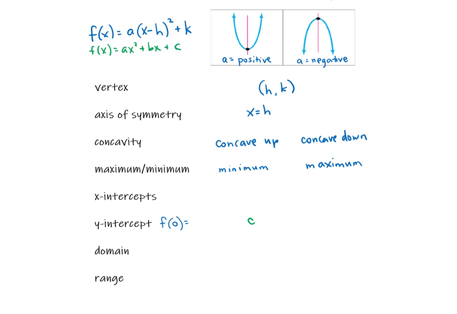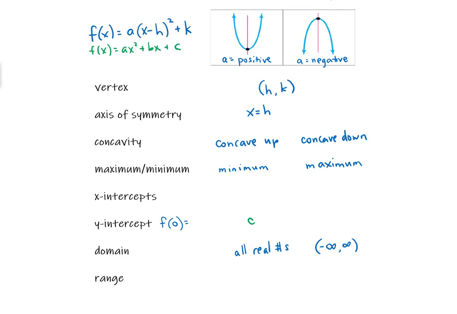Now we have some interesting concepts coming up. The domain for parabolas and for quadratics is all real numbers. You can write that in words or in interval notation from negative infinity to positive infinity. And then the range depends on if it's facing up or down.